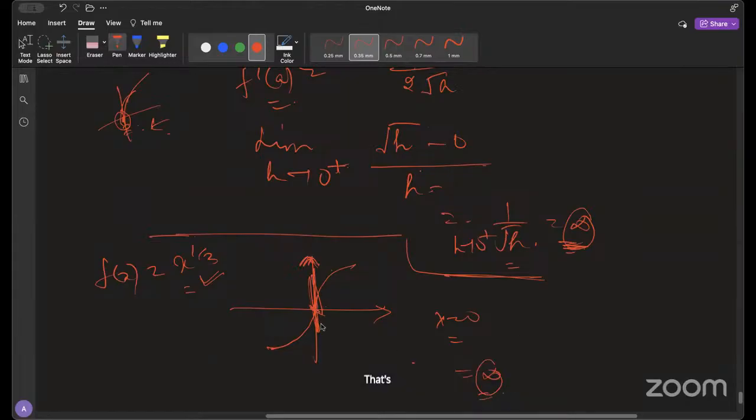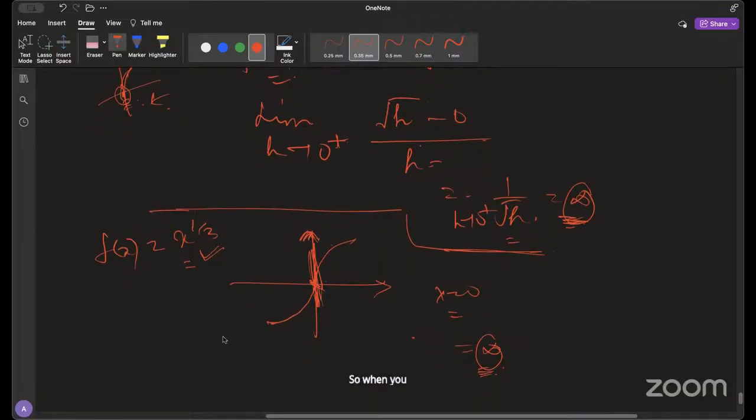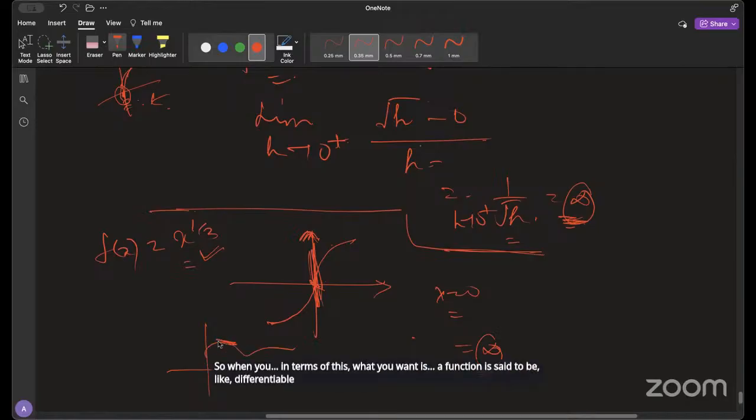That's why we don't take that here. A function is said to be differentiable if you can draw this tangent here. It shouldn't be this one.